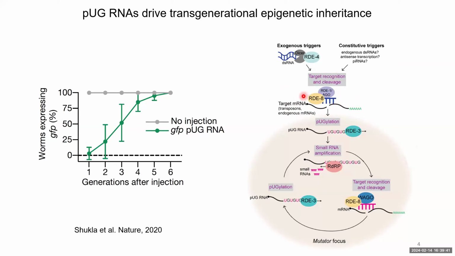They then will cleave the target mRNA of interest, and then RDE3 can add pug tails to the 3' end of these RNAs. This then allows the recruitment of an RNA-dependent RNA polymerase to make small RNAs that can then target the next copy of this mRNA fragment and repeat the cycle. And this cycle of cleavage and amplification will allow the transference of this silencing activity to future generations.